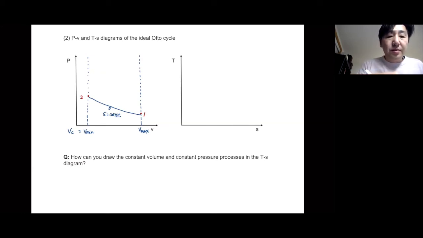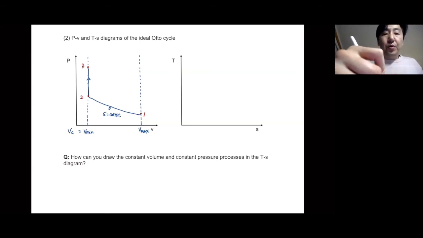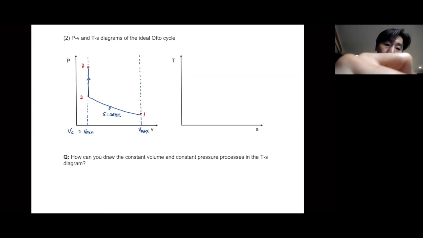Then from 2 to 3, we have the constant volume heat addition process, so it should follow a direct vertical line. That is number 3. Then from 3 to 4, we go through the isentropic expansion process. We also have this expansion process here.